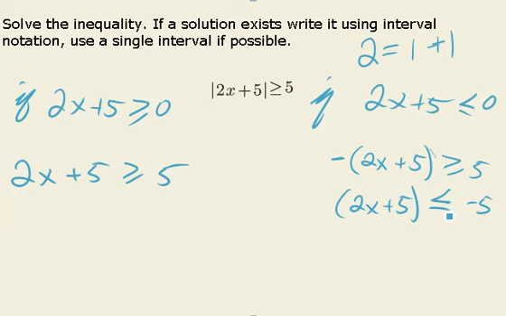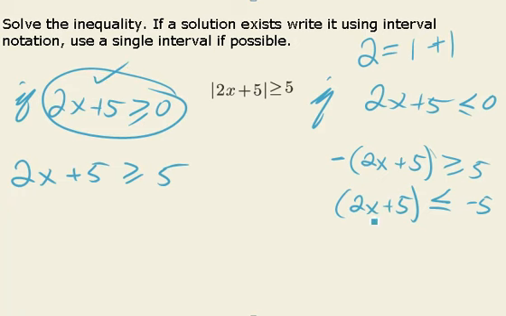It's at this point that we can see the real neat thing about these absolute value signs and the greater than. If we happen to have a solution of 2x plus 5 greater than or equal to 5, then 2x plus 5 being greater than 5 is also greater than 0. So anytime this condition is met, this condition gets met for free.